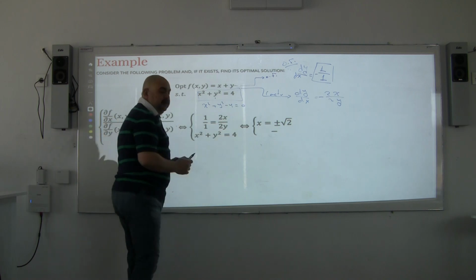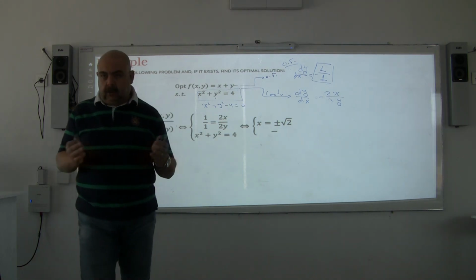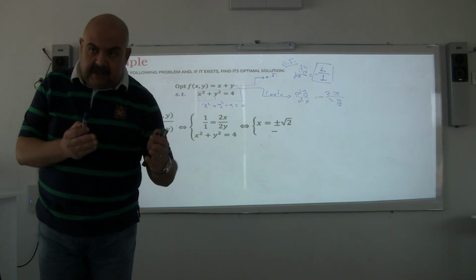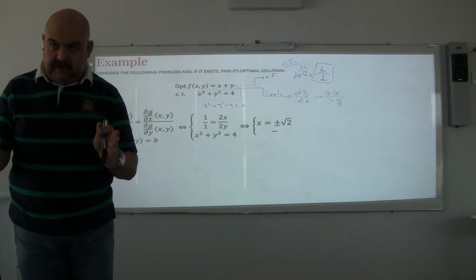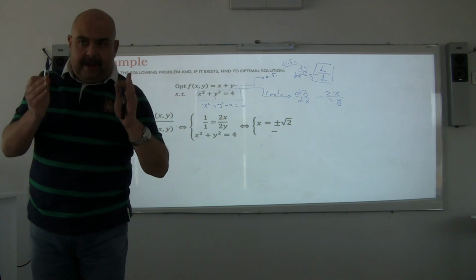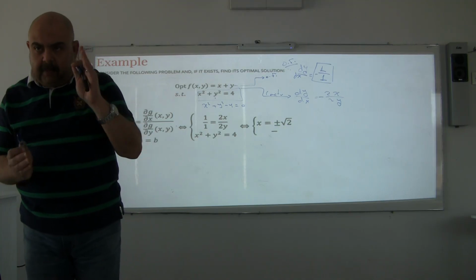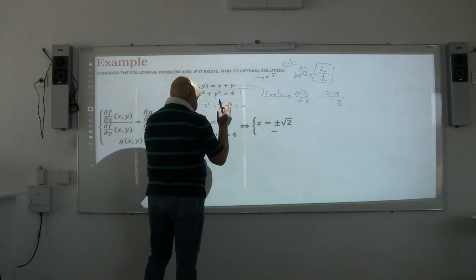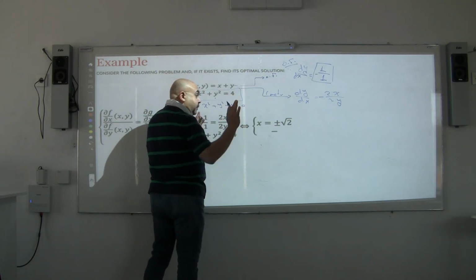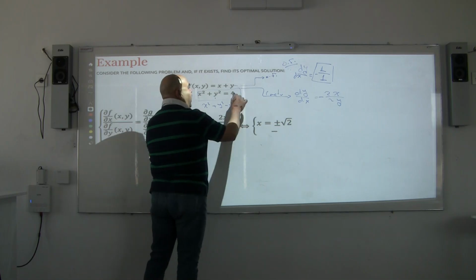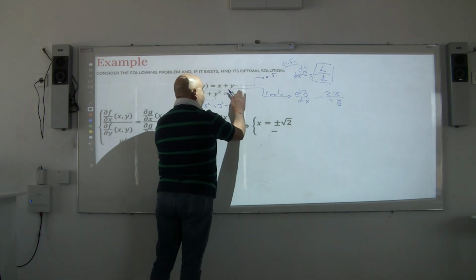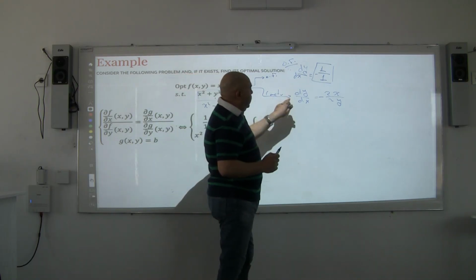Here it makes no difference, but if I had 4y, for example, it would. The objective function is just the function by itself, so there is no left-hand side and right-hand side. Just get dy by dx, which represents the slope of the objective function.